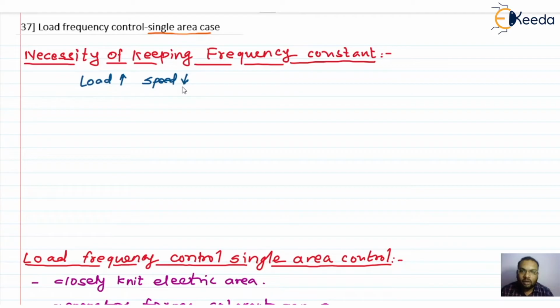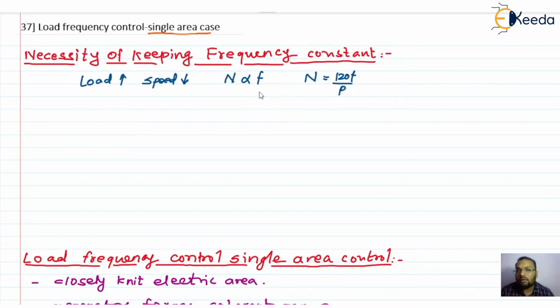When you increase the load and you do not change your input, for the same input, speed decreases. And we know that speed and frequency are directly related. The speed formula is 120 f by p, so the speed is in direct relation with frequency. As the speed decreases, frequency will also decrease.